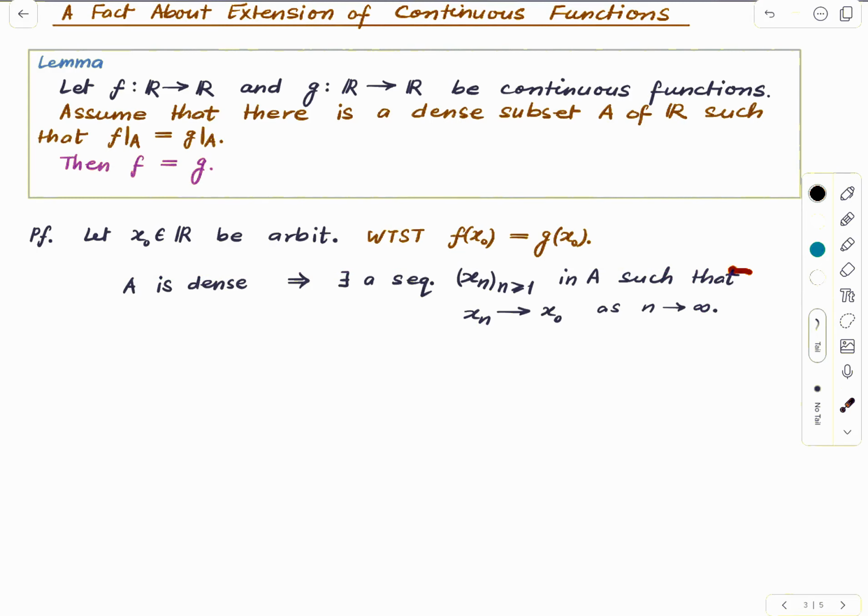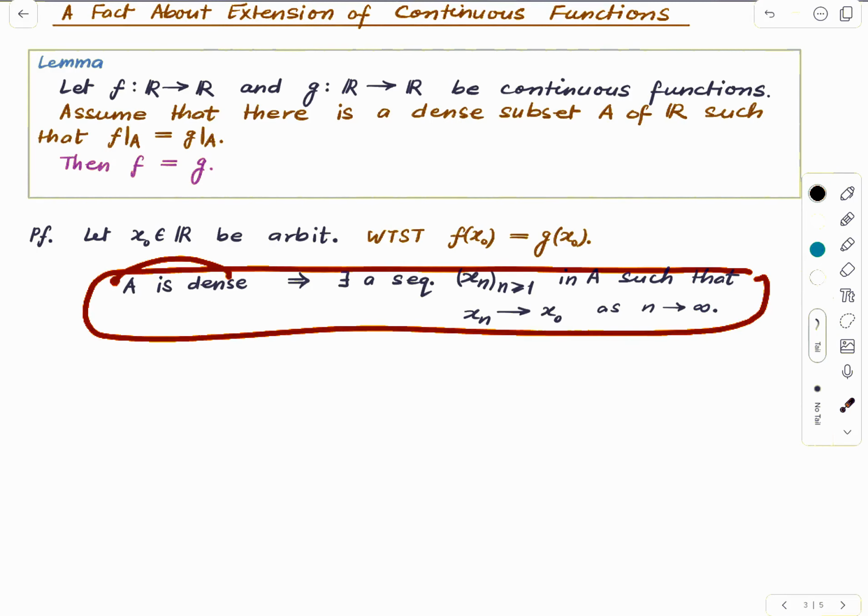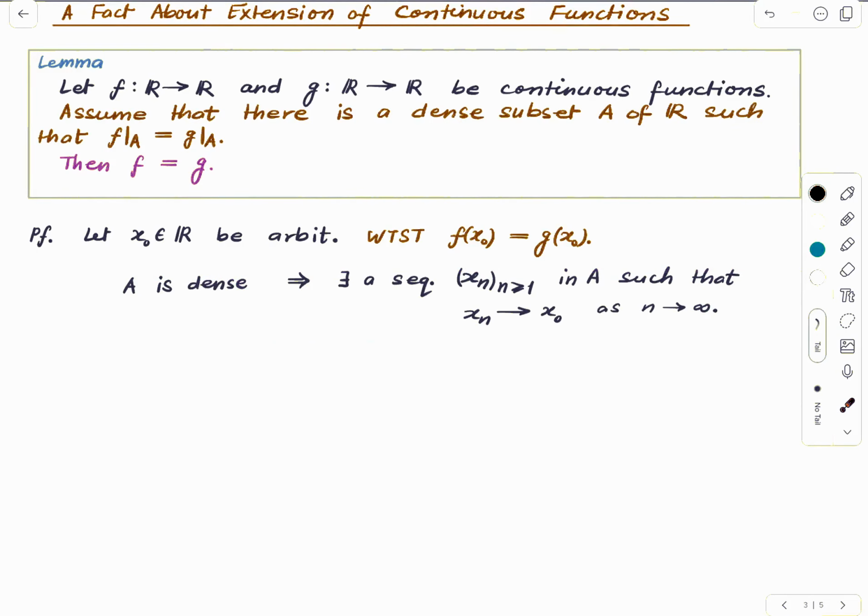If A is dense, then any point in the real line can be converged to by points in A. This is what we keep saying, that every real number can be approximated arbitrarily well by rational numbers. That's exactly what it means to say that the rationals are dense. You can come closer and closer to any real number while staying in the dense set.